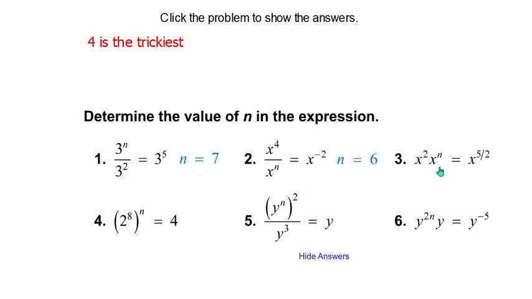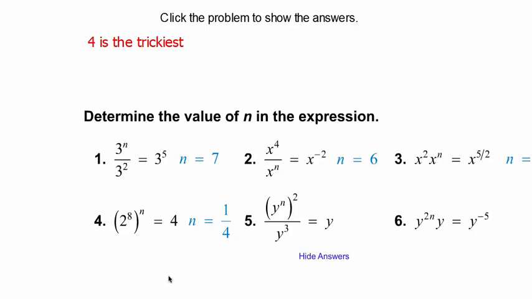Here we have multiplying powers, so we have 2n equals 5 halves. And then we divide, and we end up getting 5 over 4.